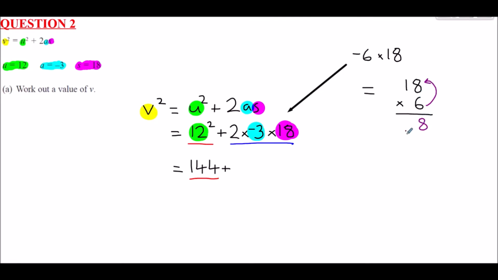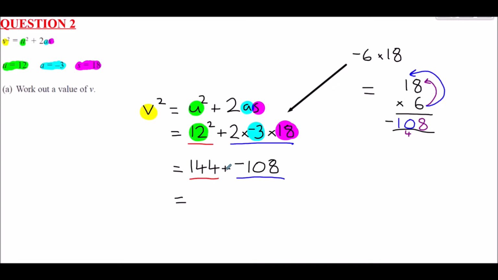Put the 8 and carry the 4. Then the last thing we do is 6 multiplied by the 1. Now 6 multiplied by 1 is obviously 6, plus the 4 we're carrying gives us 10. So that gives us 108. But because it was a minus 6, we've got minus 108. So that's what 2 multiplied by negative 3 multiplied by 18 is. It's negative 108.